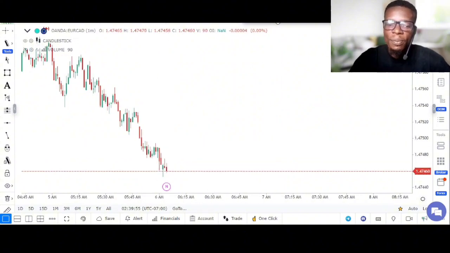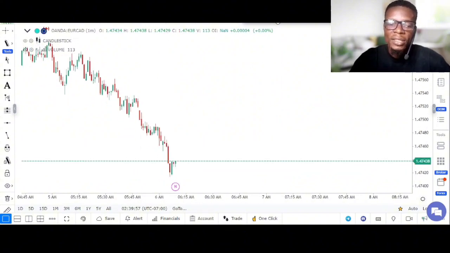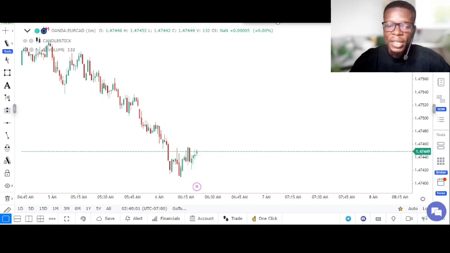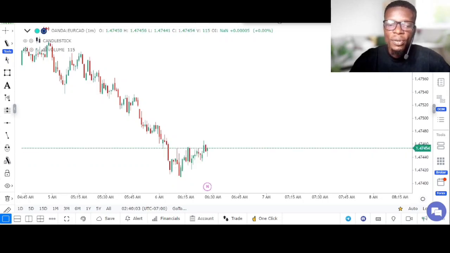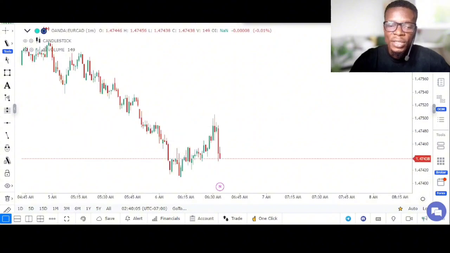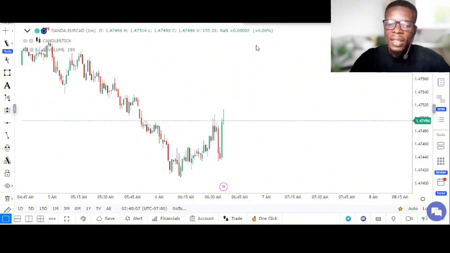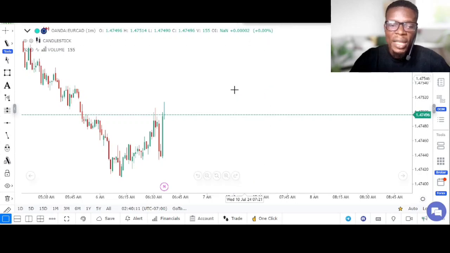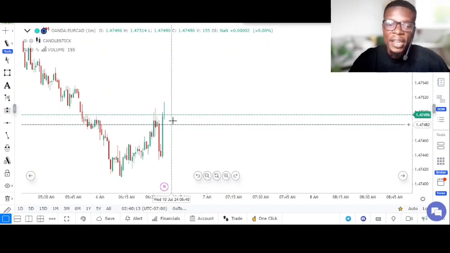Now you will see that the price pulled down and buyers started to come in and started moving the price upward. So now this is a sign that the buyers are present, and they can let the sellers know that they are in the market.